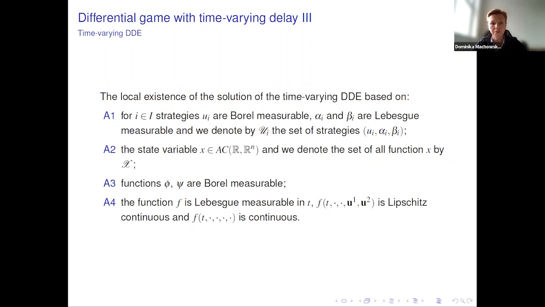They are Borel measurable functions, and the right-hand side of the equation is Lebesgue measurable in t. With respect to the second and third variables it is Lipschitz continuous, and with respect to the second, third, fourth, and fifth it is continuous. So this is the assumption which guarantees that there exists a local solution of this type of equation.